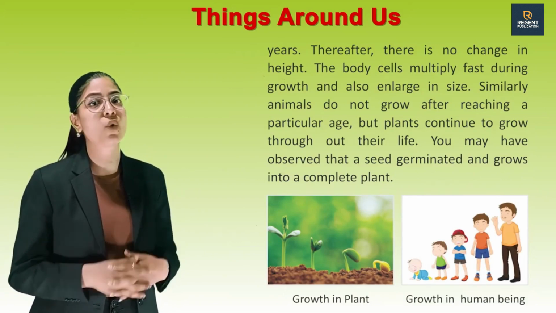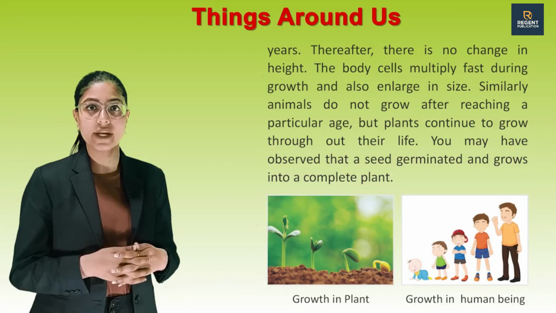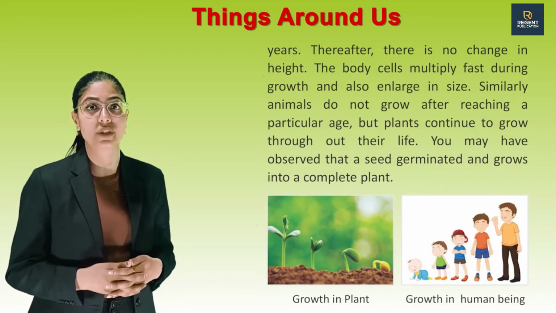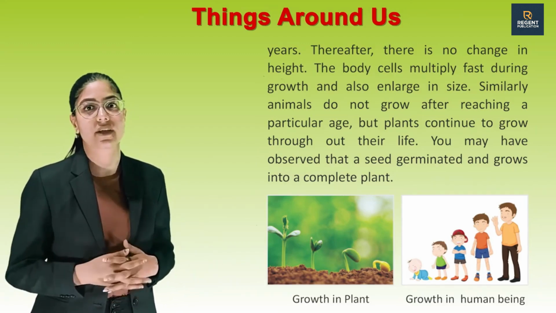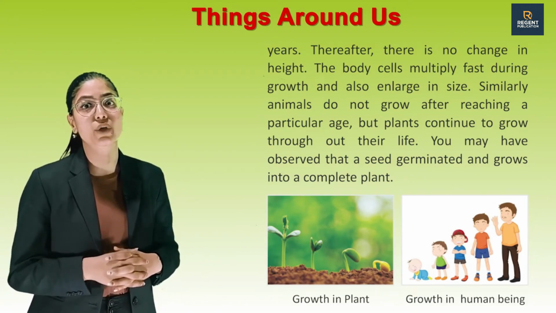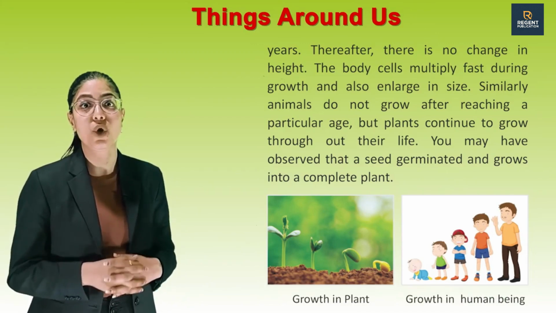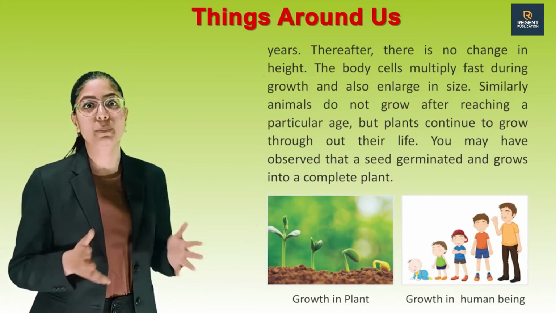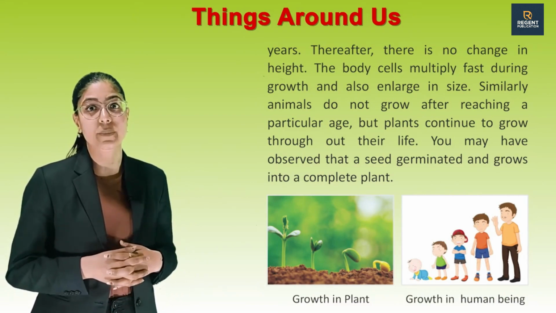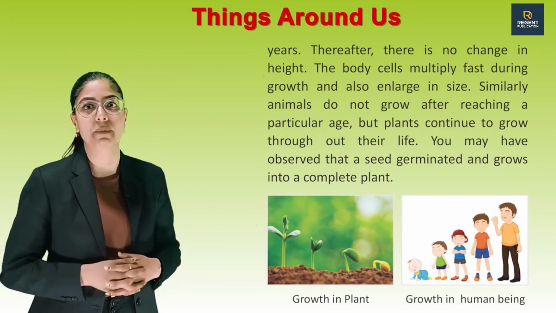Thereafter, there is no change in height. The body cells multiply fast during growth and also enlarge in size. Similarly, animals do not grow after reaching a particular age, but plants continue to grow throughout their life. You may have observed that a seed germinates and grows into a complete plant.